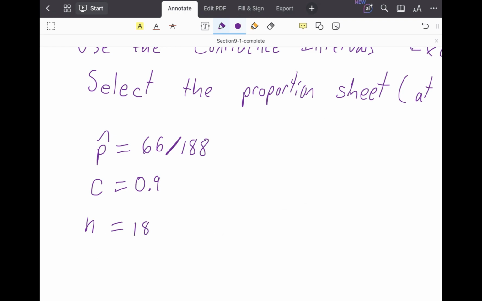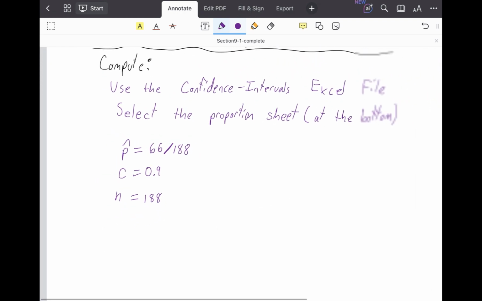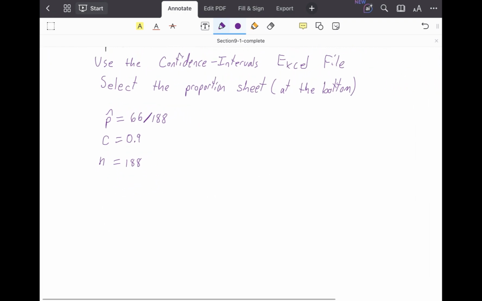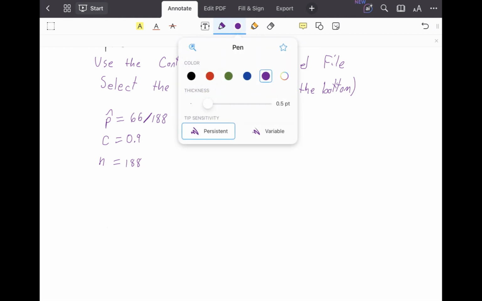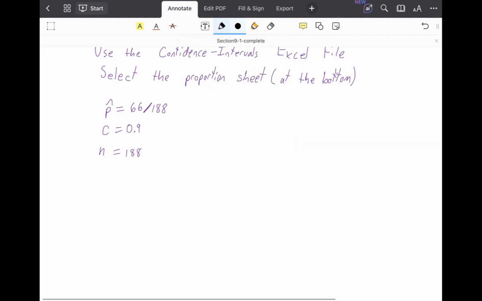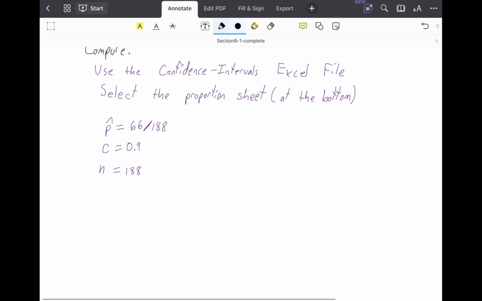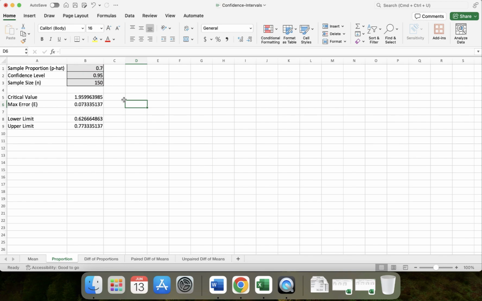And our sample size was 188. Okay, now we plug those in. It will then give us our lower limit, which I'll abbreviate LL, and our upper limit, which I'll abbreviate UL. Let me show you what happens when we do that.